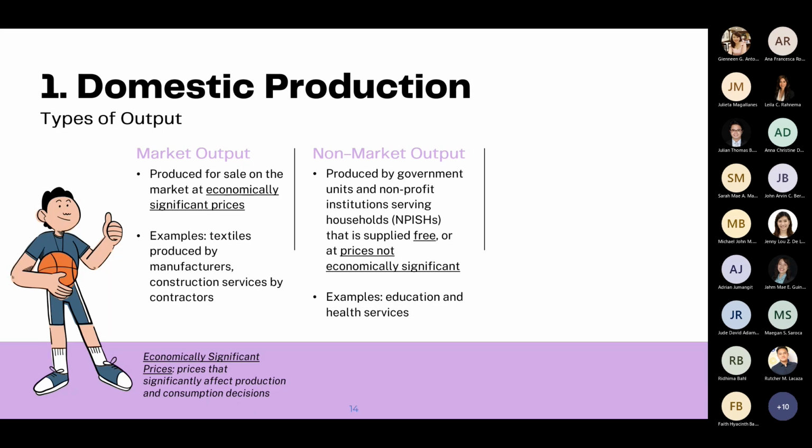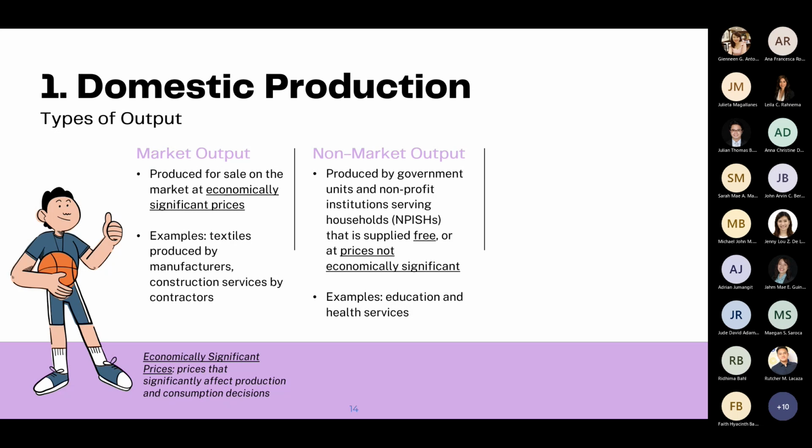So in the first place, why do we produce non-market output? Because it may be technically impossible to make individuals or groups pay for collective services such as beautification of parks, public infrastructure, because their consumption cannot be monitored. Riding through a highway is an activity that cannot be monitored, right?